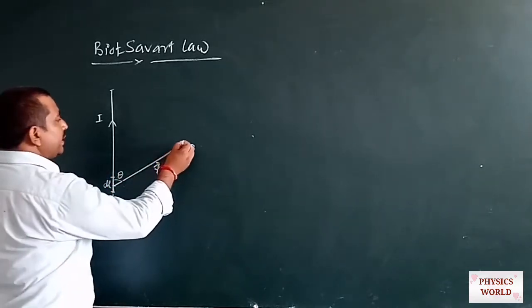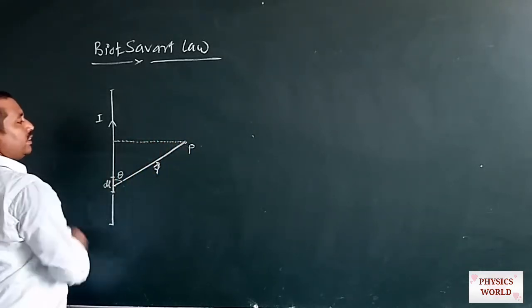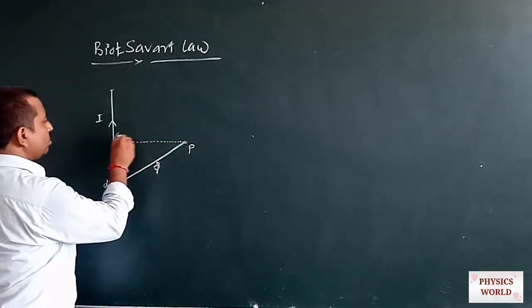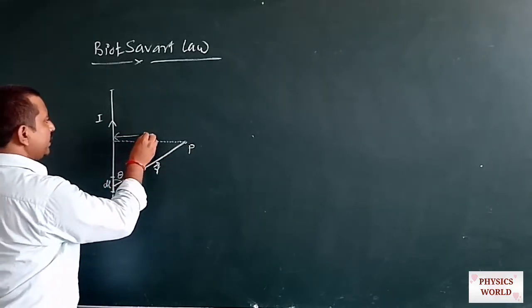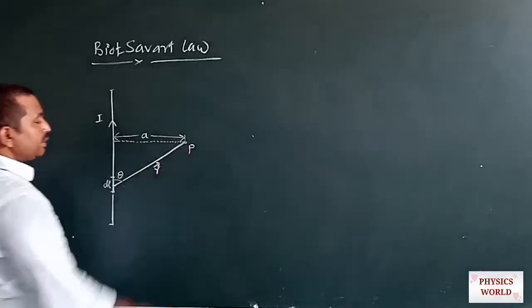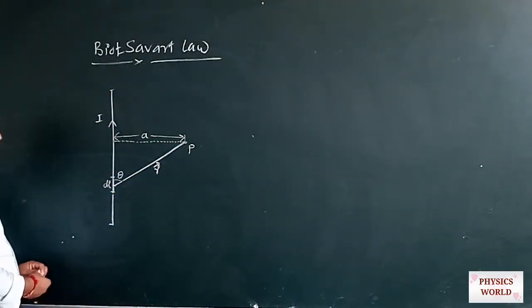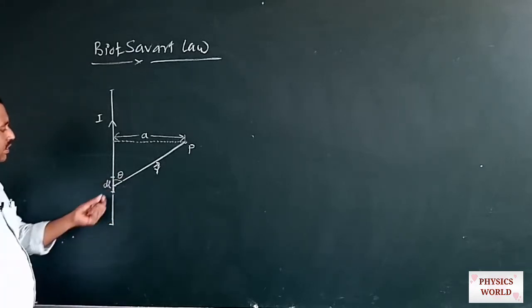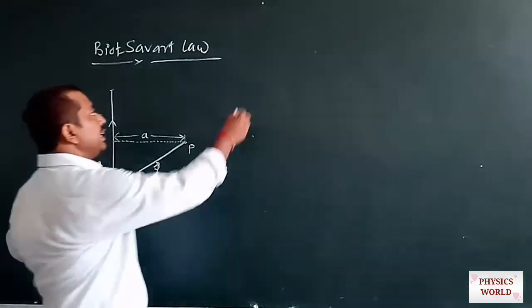So if we draw a perpendicular from the point P on the wire, and take the length of this perpendicular from the point P to the wire as a, that is the perpendicular distance of the point P from the wire is a, then we can write what will be the value of the magnetic field due to this small current element.